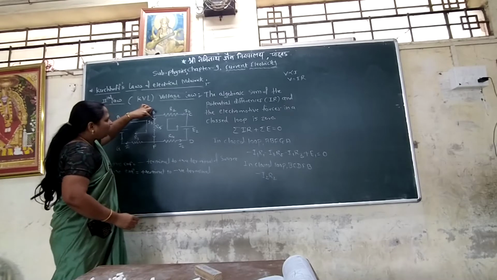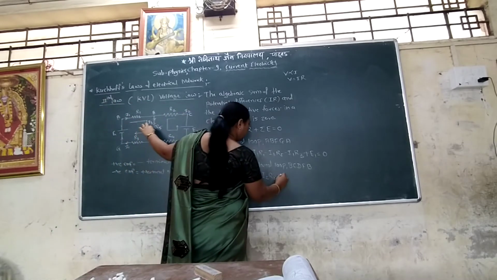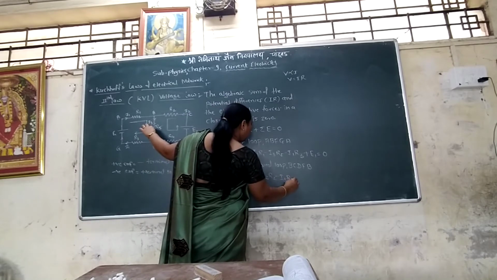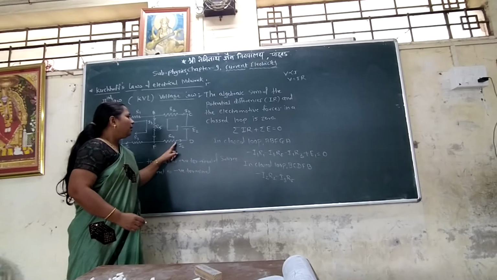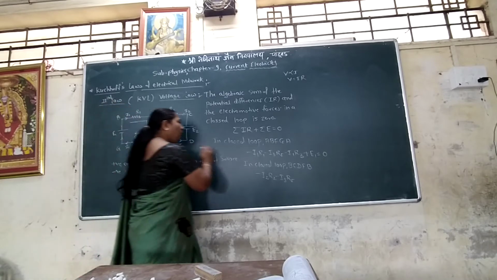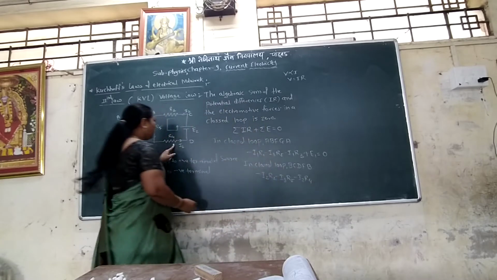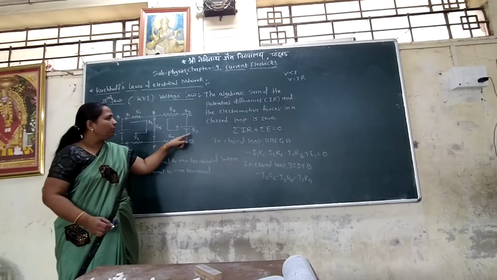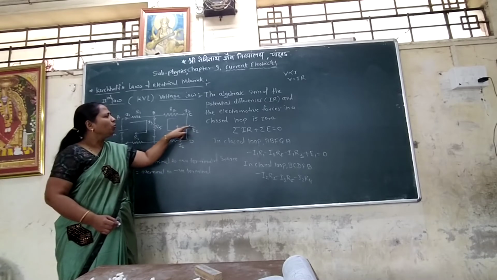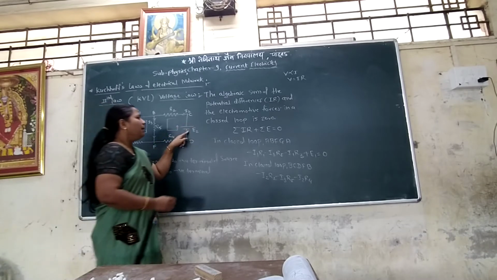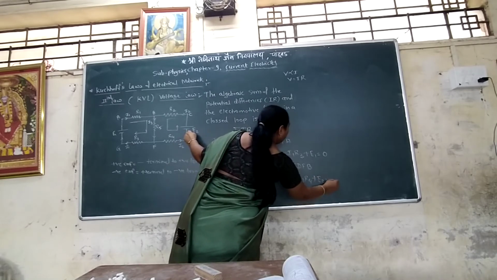Again, minus I3 R5 and minus I2 R4. And then again the EMF from negative terminal to positive terminal is taken as positive, plus E2 is equal to 0.